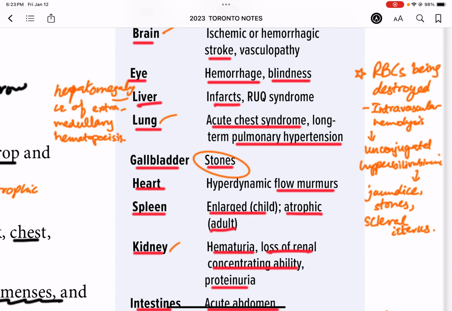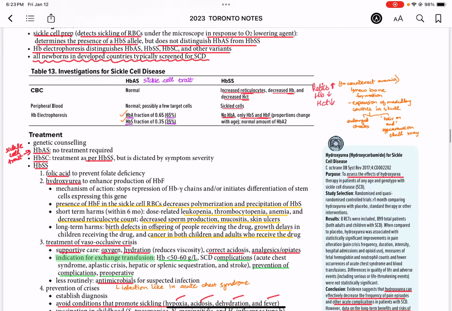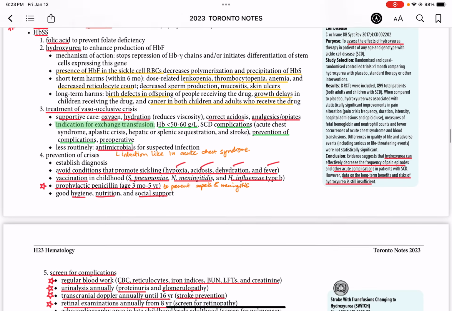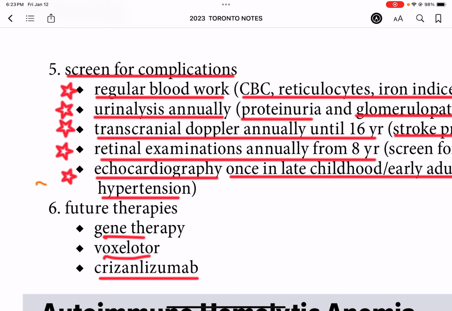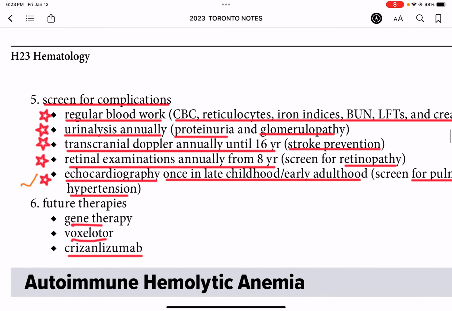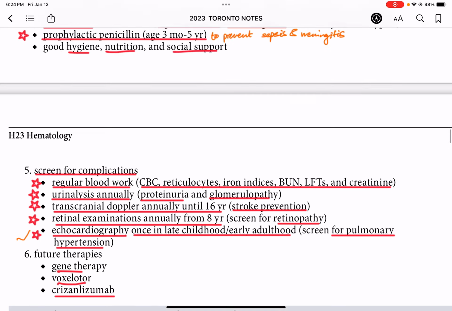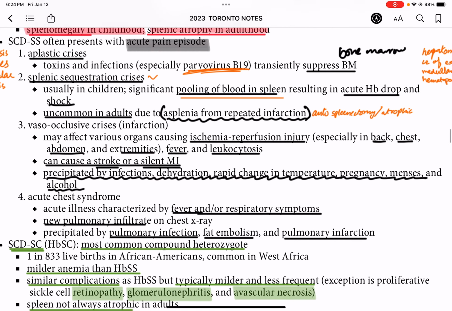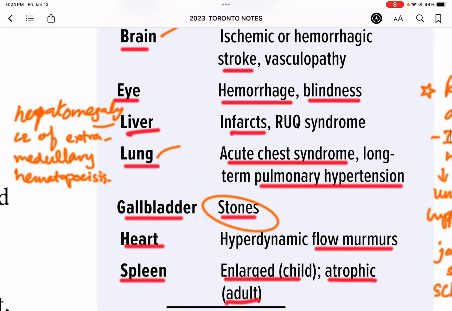And just to avoid this long-term pulmonary hypertension, in the screening of sickle cell disease, we're going to read that we go for echocardiogram, this last point. Echocardiogram once in late childhood or early adulthood, just to screen for pulmonary hypertension. So there is acute chest syndrome going on, because of the vaso-occlusion in the lungs.